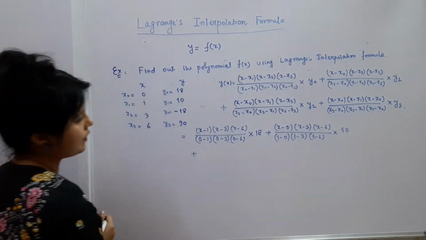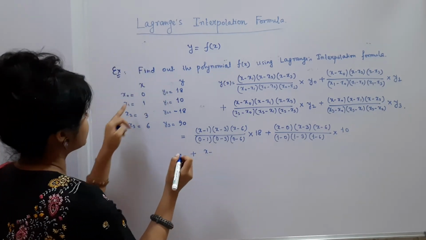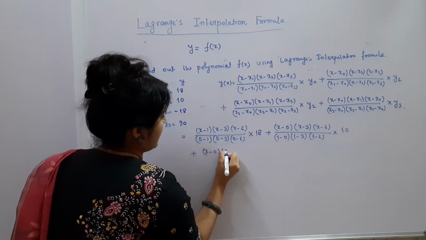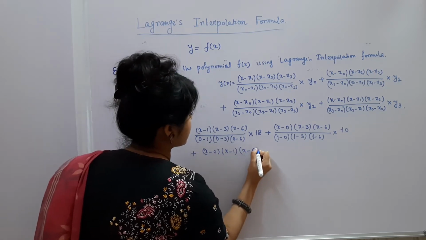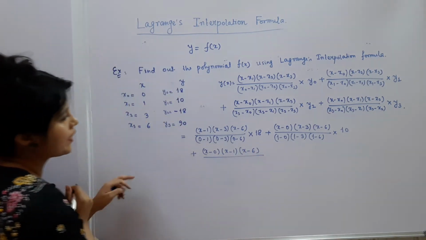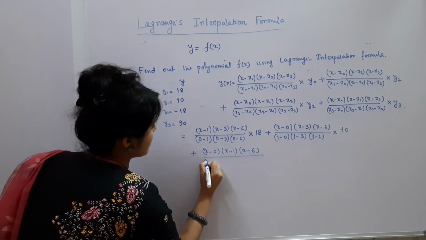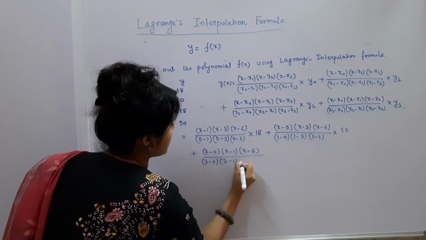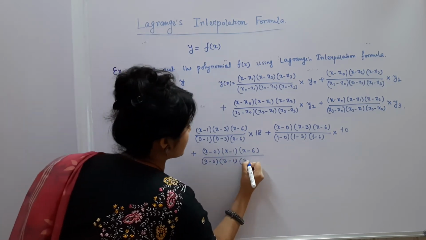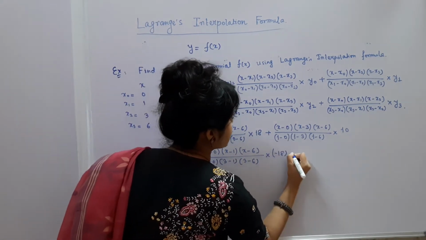Now in the third term, x minus x0 is 0, x minus x1, x minus 6. Now in the denominator all the terms will be subtracted from 3. So 3 minus 0, 3 minus 1, 3 minus 6, and that will be multiplied by minus 18.